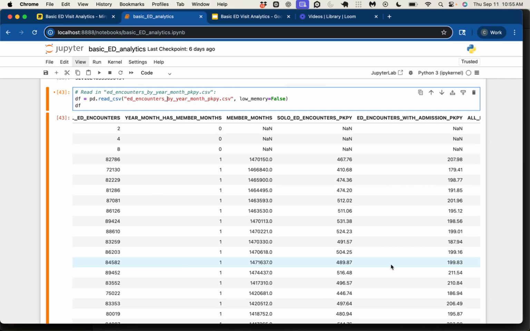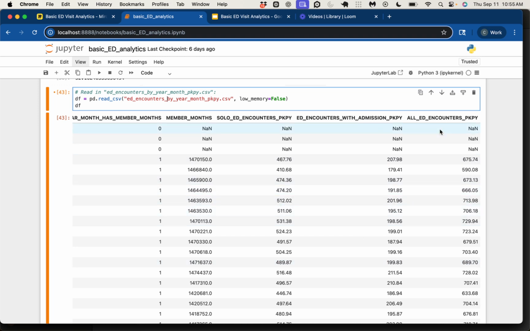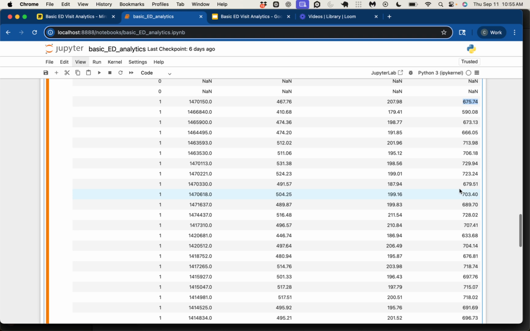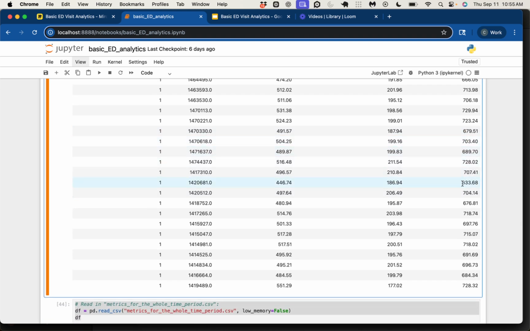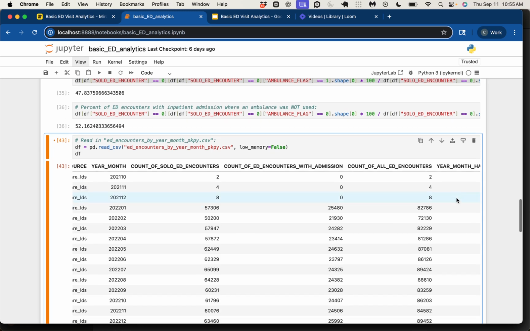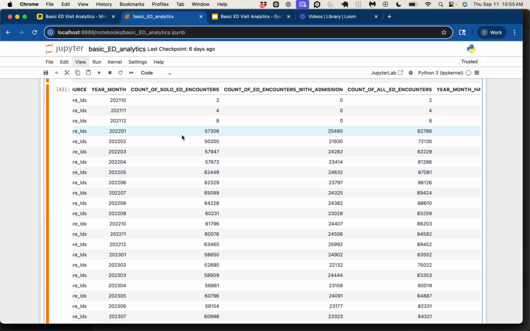Then we also have the PKPY metrics. We can see the PKPY number of total ED encounters is over time hovering between 600-700, that kind of range. We see that this is for the Medicare LDS 2022 and 2023 data.